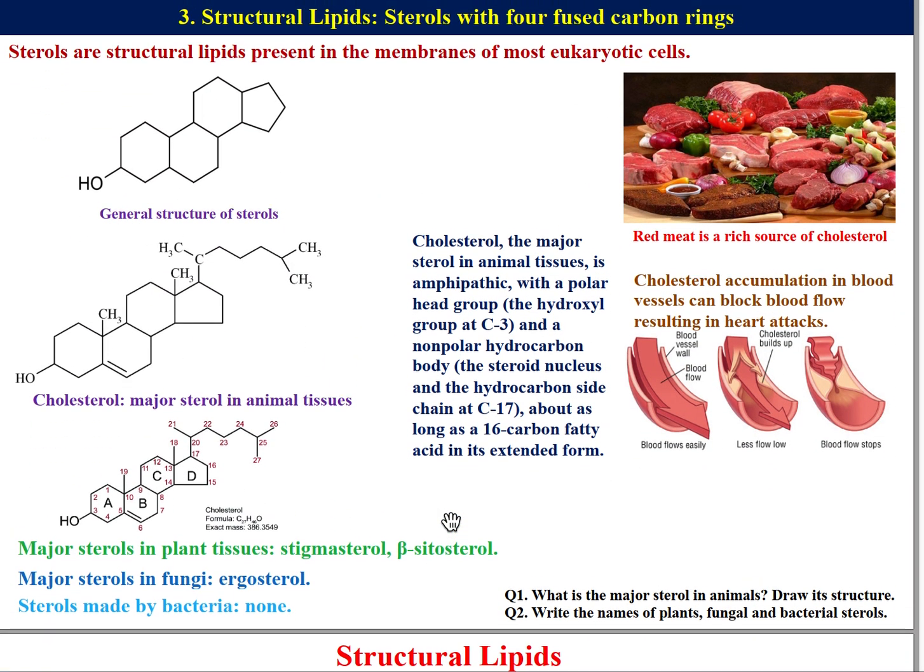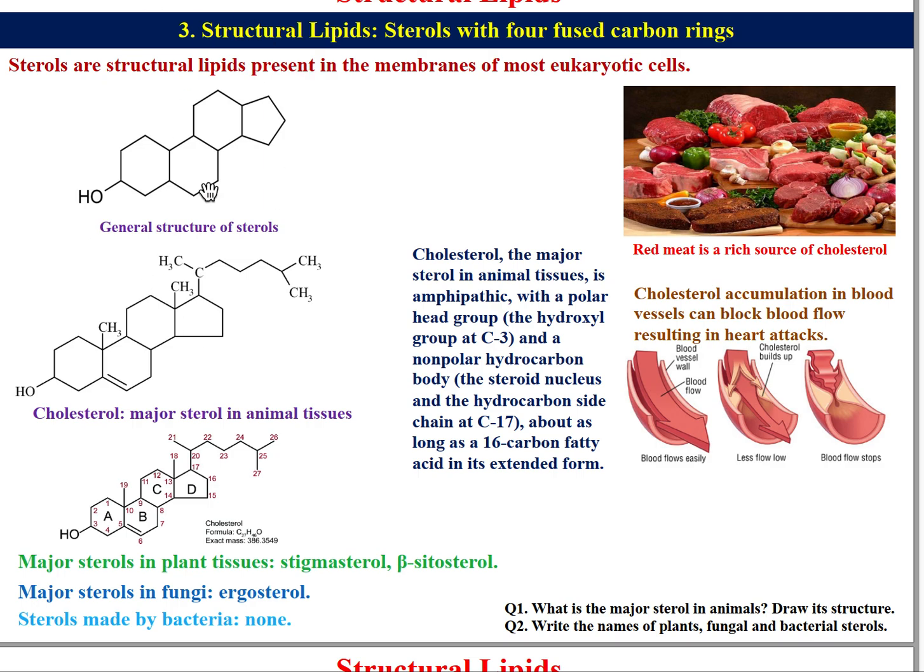So let's go to sterols. This is the general structure of a sterol. These are structural lipids present in the membrane of most eukaryotic cells, and this is cholesterol, the major sterol in animal tissues.